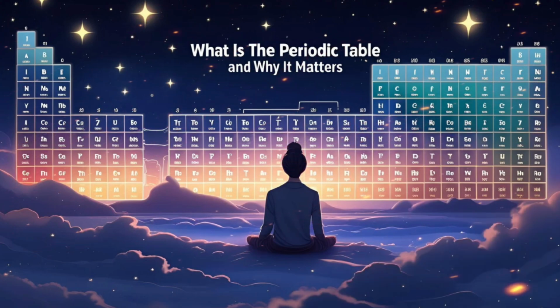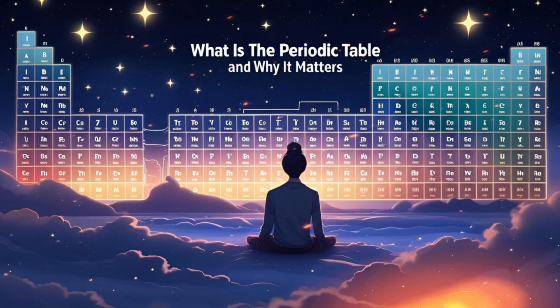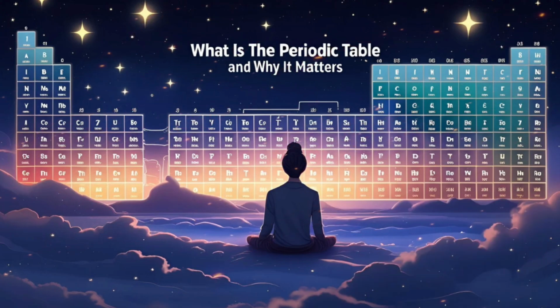Each element on the table represents a different type of atom, distinguished by the number of protons in its nucleus. This number, known as the atomic number, increases from left to right and from top to bottom. Hydrogen, with just one proton, is the first.